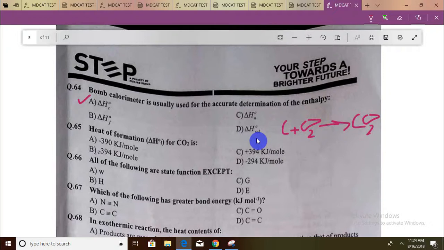Because the more probable answer is, improbable answer is this one. So it's minus 390, minus 394 and minus 294. In certain cases it's a lost cause if you cannot remember at all, and because these options are not telling us anything. So I think this was actually given within the same chemical energetics topic.